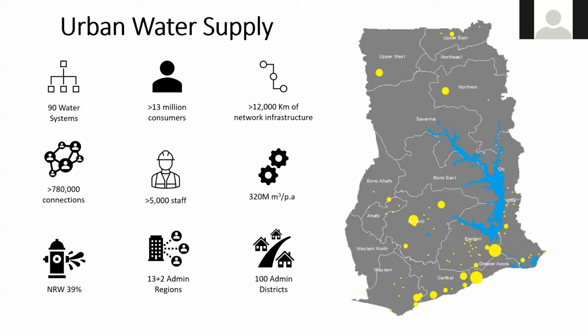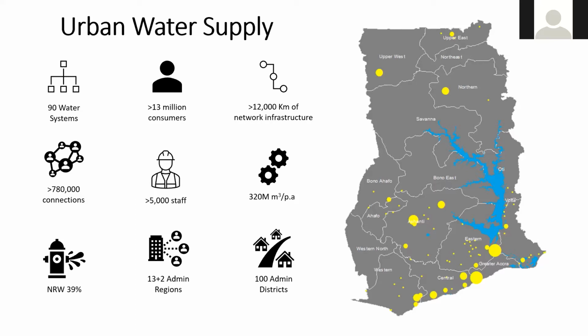From this network, we have a little over 780,000 customer connections. We have a staff strength of a little over 5,000. Annually, we produce 320 million cubic meters of water as a company. From this figure, we have a non-revenue water percentage of 39.